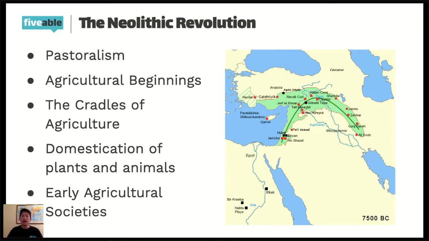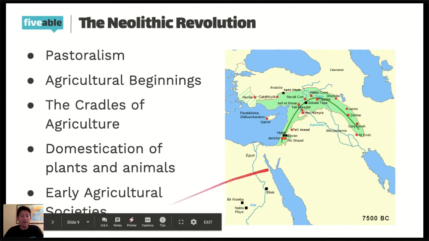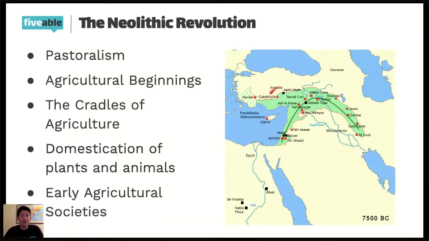And so these early agricultural villages first emerged in the lands of the Eastern Mediterranean, what we typically refer to as the Fertile Crescent, which you see here on this map. The first agriculture that we have record of was probably here in central Anatolia or Asia Minor, the modern-day country of Turkey.